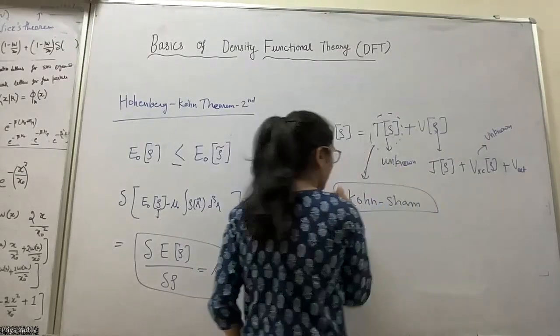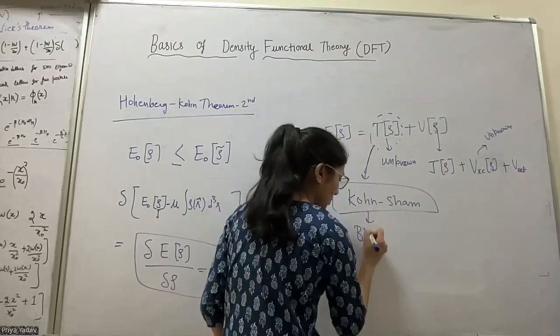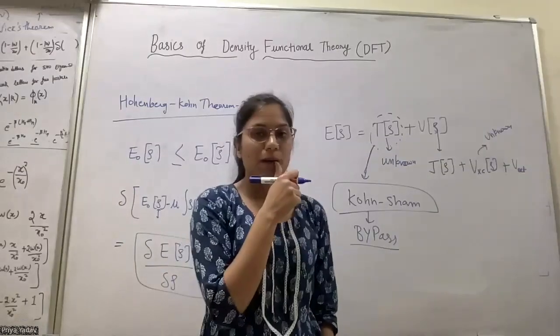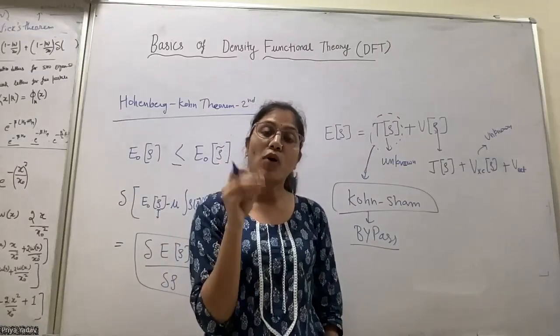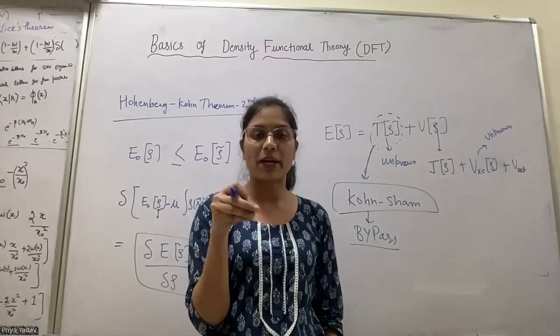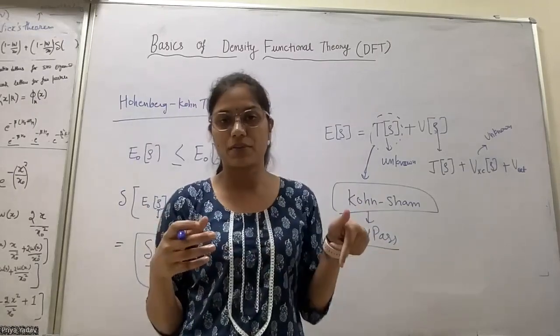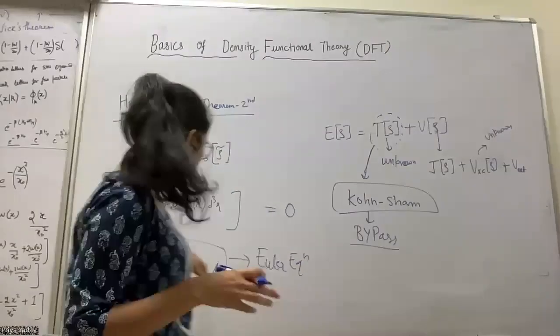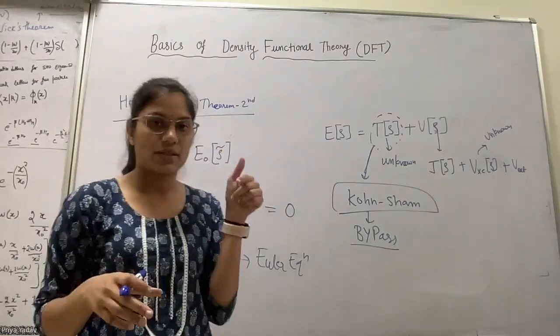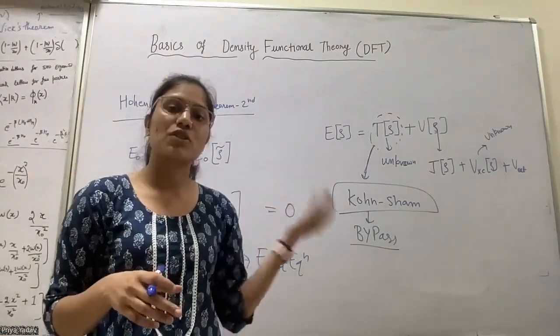They bypass this problem. So what is orbital free DFT? I'll explain; I think it will be clearer. It is called orbital free because in Kohn-Sham they use orbitals, but in orbital free it is not orbitals. We will use rho, meaning the total electron density, not the orbitals. So you start with the electron density, right?